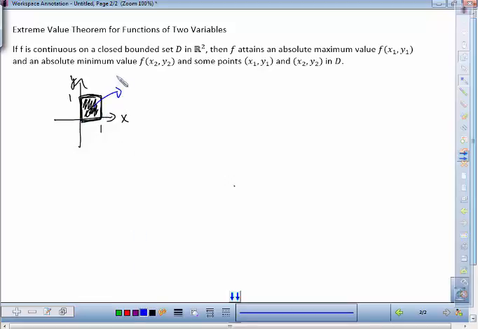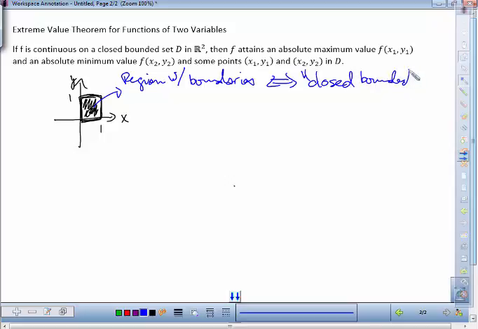Now the key is that for this to be a closed region, we want to make sure we include the boundaries. So it's a region with the boundaries. Closed bounded set. So if you can look at a two-dimensional region with boundaries, then you have a closed and bounded set.